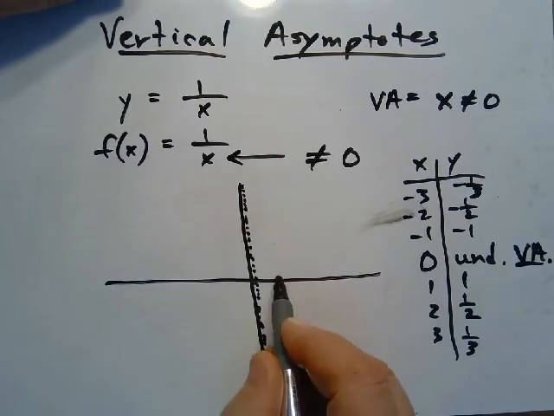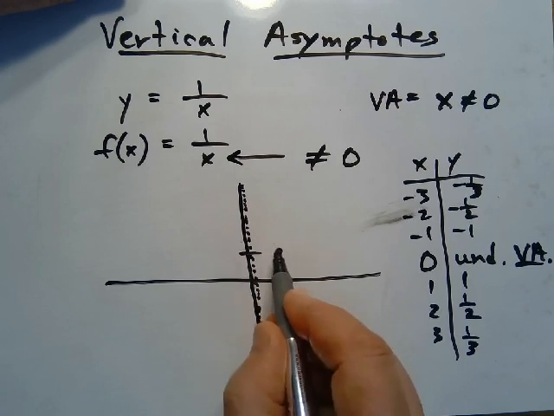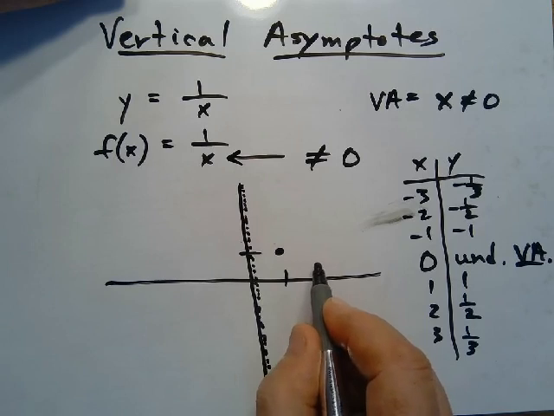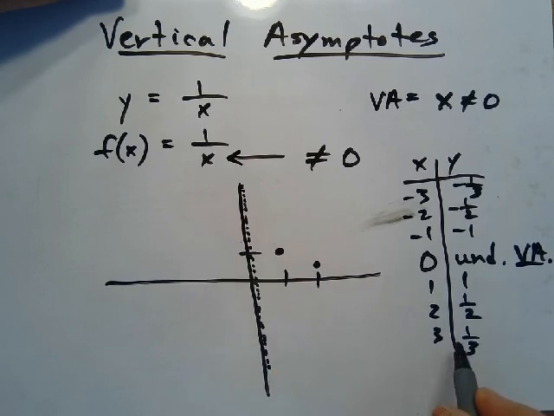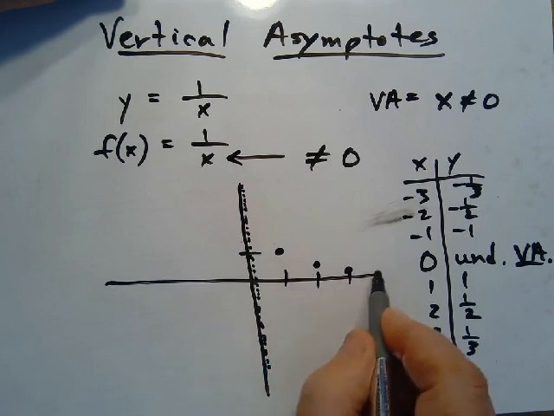Start here. 1 goes to 1. 2 goes to a half, and 3 goes to a third. As you can see, it seems to be approaching that horizontal asymptote.